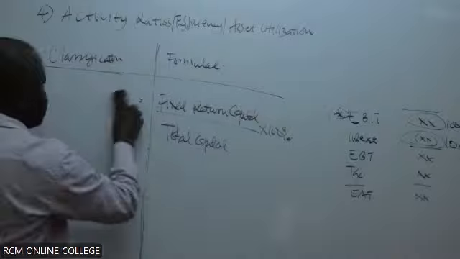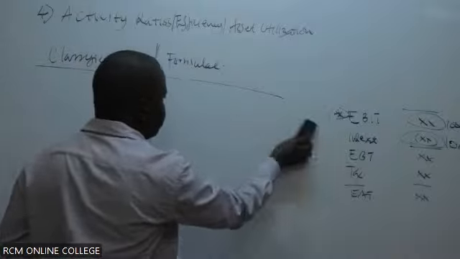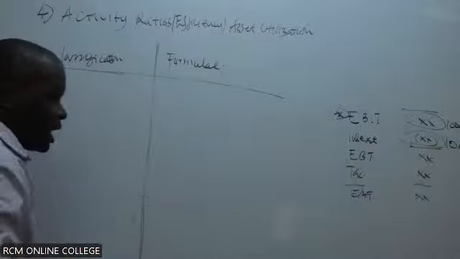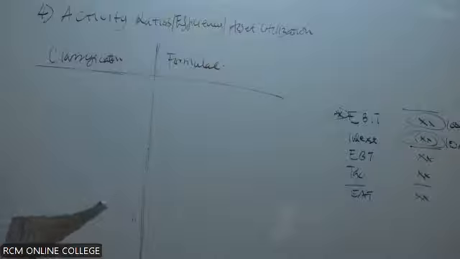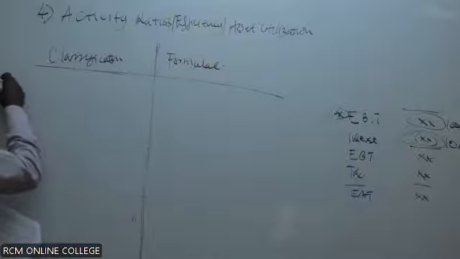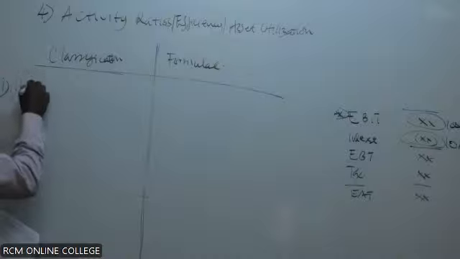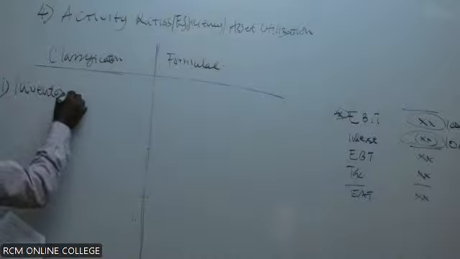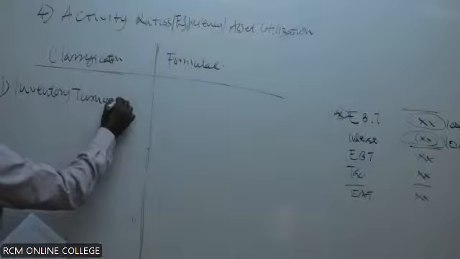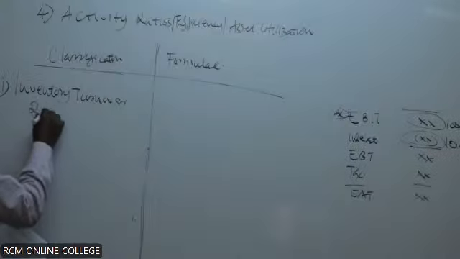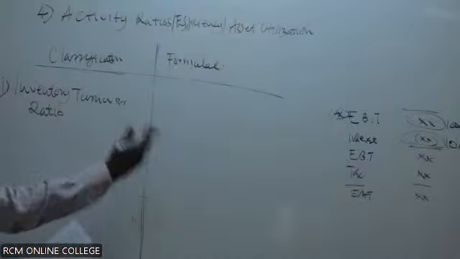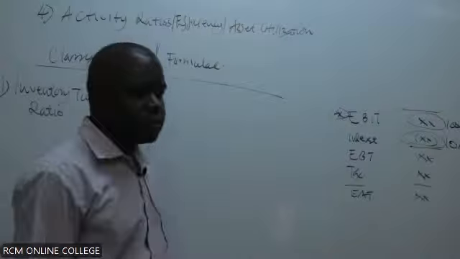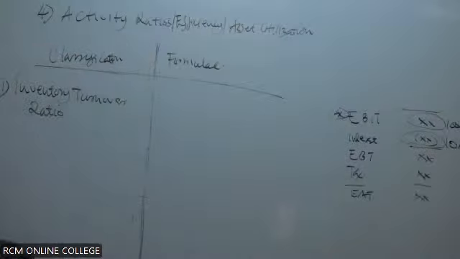There are a number of ratios here that look into how effectively you're utilizing your resources. In this case, we have the stock or inventory turnover ratio. From the word turnover, this one looks at how quickly you are turning over your inventory.